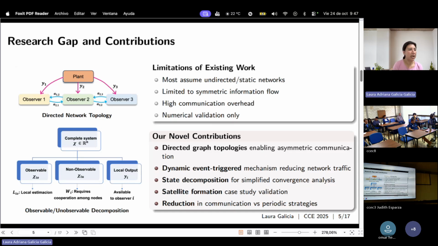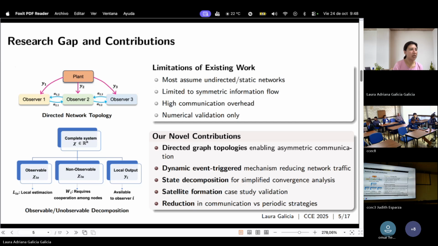The second diagram illustrates our observable and unobservable decomposition approach. Here, the complete system state is decomposed into components that are either locally observable or require cooperation between nodes. This decomposition fundamentally simplifies our convergence analysis and enables structured gain computation.